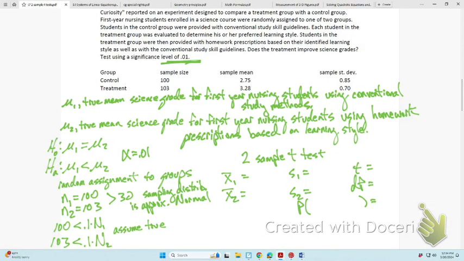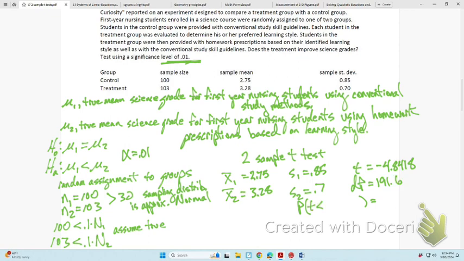So we know 275, 328, 0.85, 0.7, negative 4.8418, 191.6 degrees of freedom.